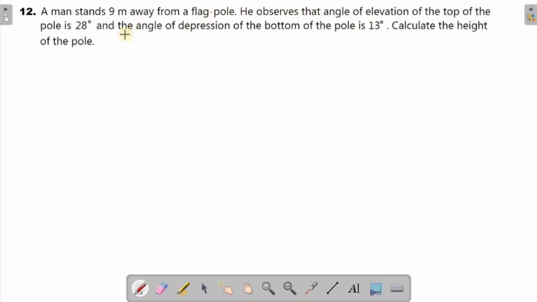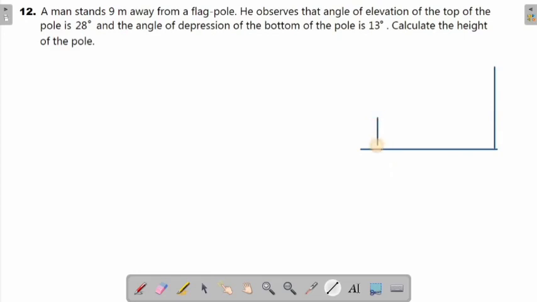Next we have: a man stands 9 meters away from a flagpole. First and foremost, let me draw the diagram here. This is the ground. There's a flag post, and there's a man standing.